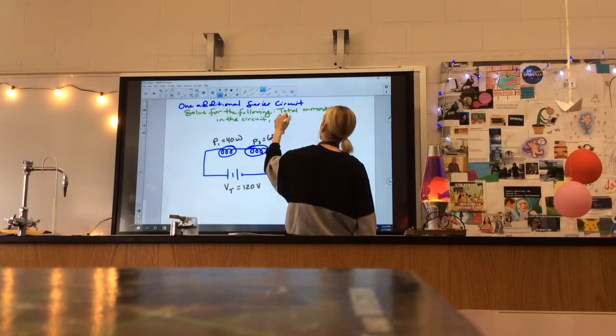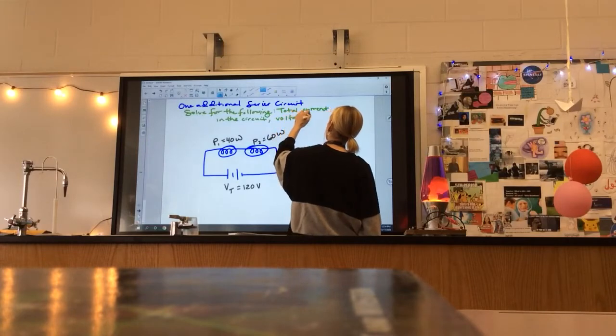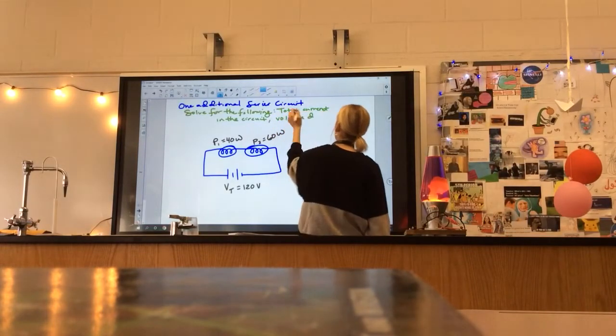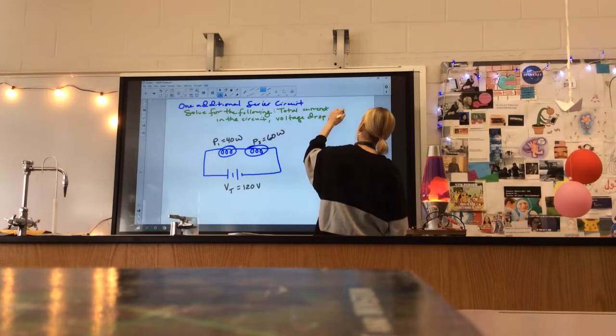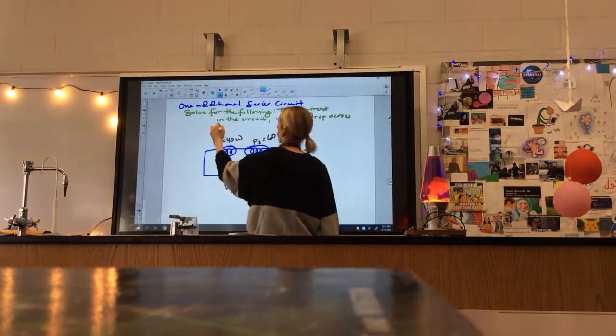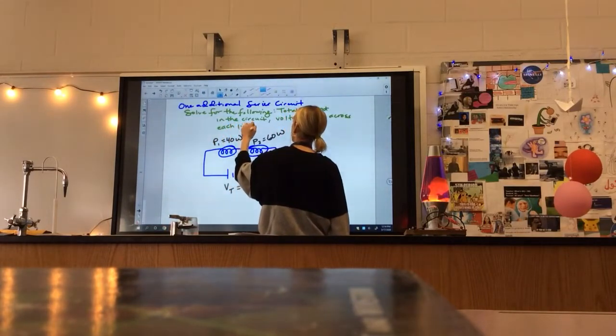Voltage drop across each lamp or light bulb, across each light bulb, and the resistance of each light bulb.